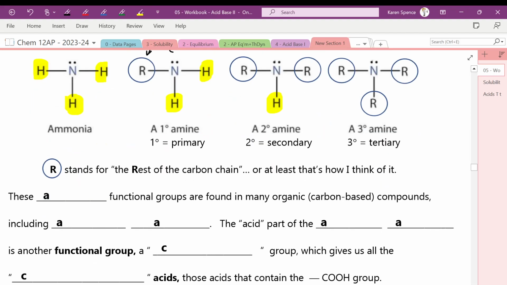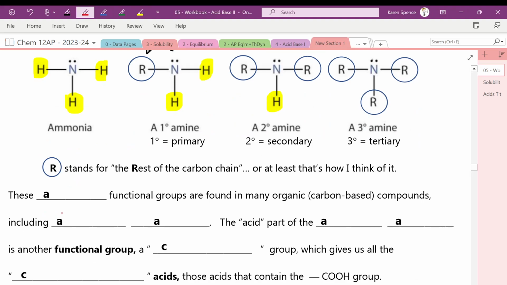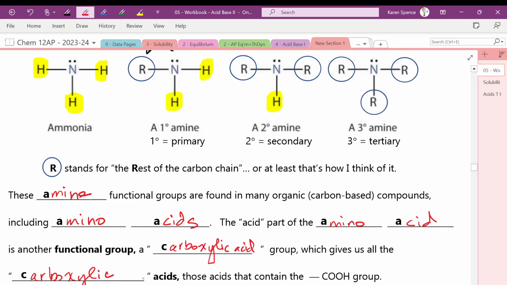These amine functional groups are found in many organic carbon-based compounds, including amino acids. The acid part of the amino acid is another functional group called a carboxylic acid group, which gives us carboxylic acids.